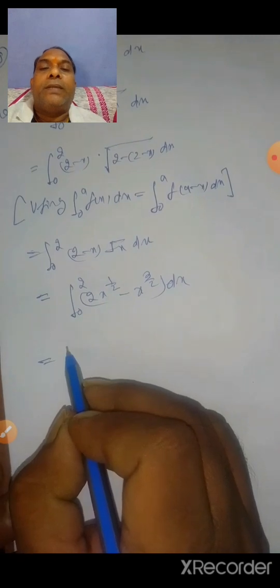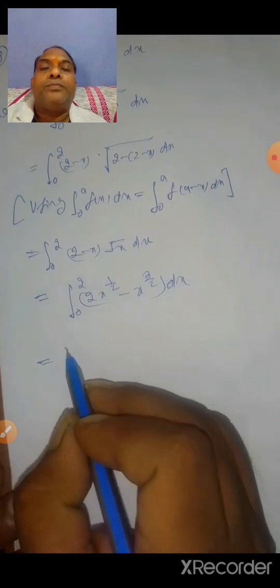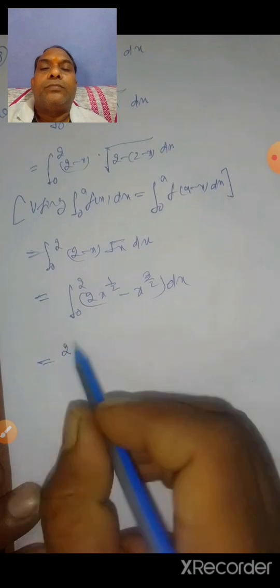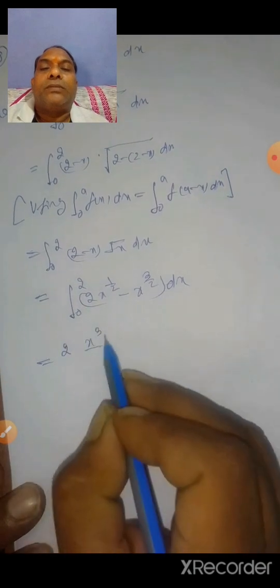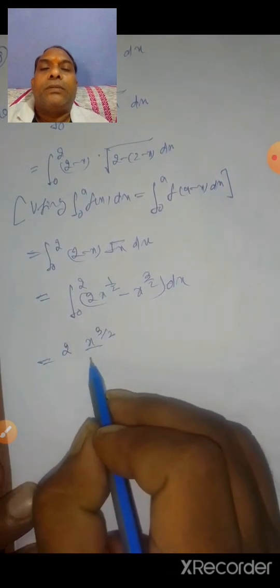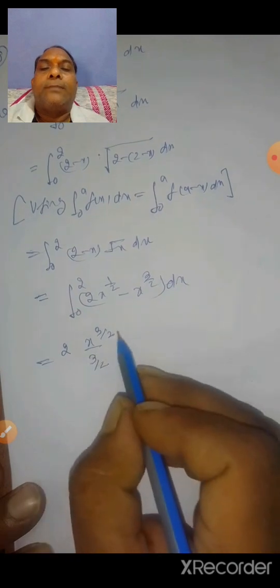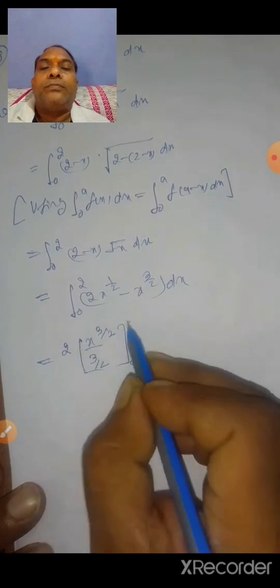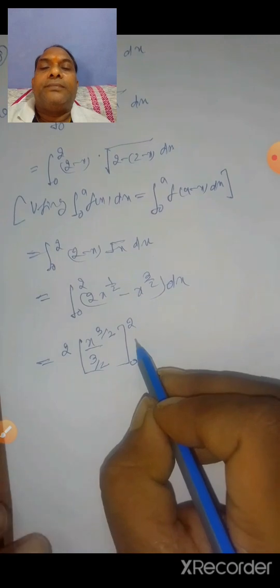This will be equal to integration 0 to 2. Integrate it and apply the limit.